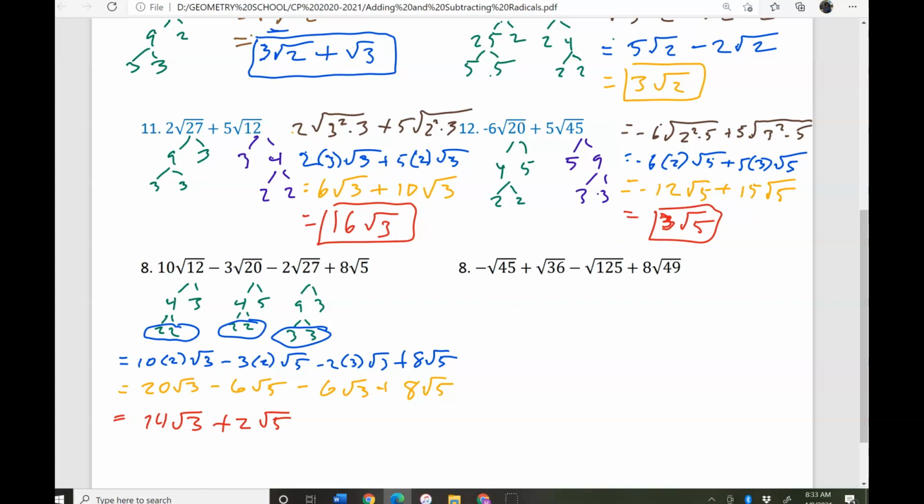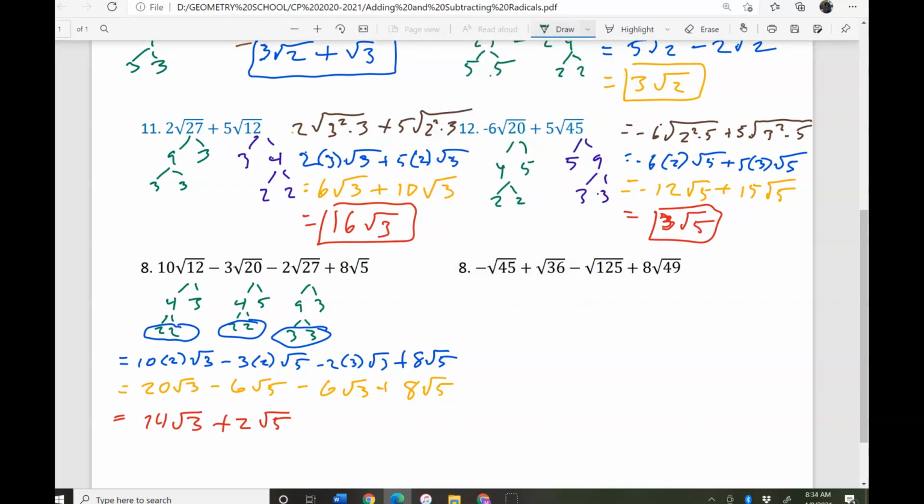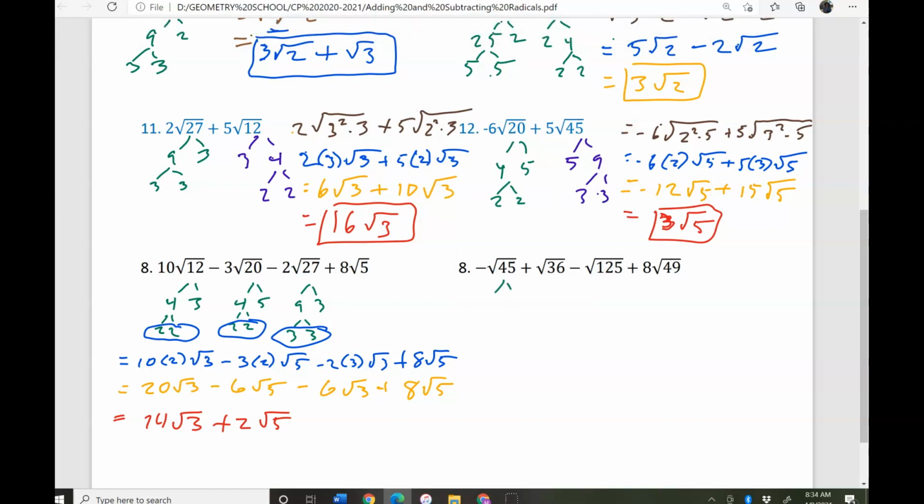Good job. Alright, last one. We're going to do our tree. So I know this is 9 times 5. Oh, this is a perfect square. It's 6 times 6. This is 25 times 5.